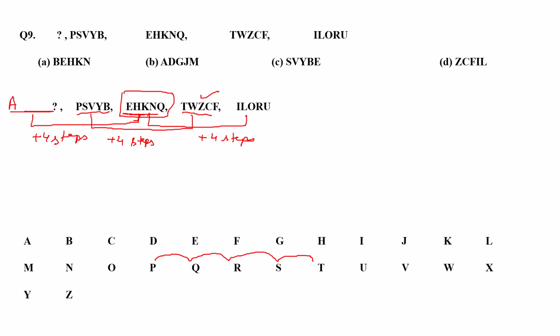So this will be A. Next from H, if I go 4 steps backward, 1, 2, 3, 4, I will reach D. Now, if you see the options, B is the correct option, isn't it? Because none of the other options start with A and D. So directly you can write it. Otherwise, if you want, you can complete the series also. But from the first letter only, we are able to find out B is the correct option. So this is question number 9.